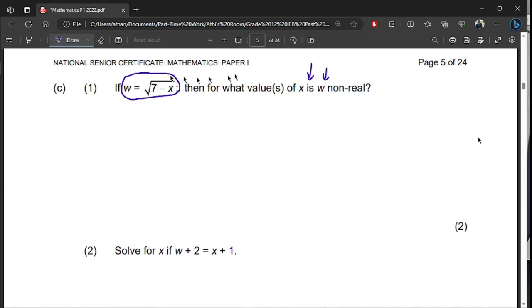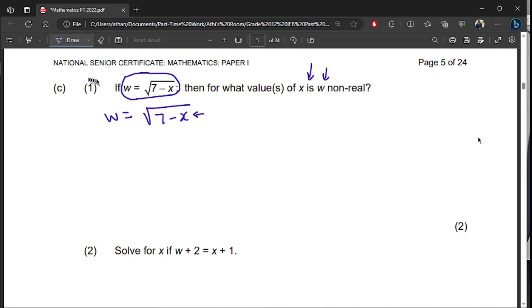Okay, let's try to understand here. If w is the square root of 7 minus x, then for what values of x will w be non-real?